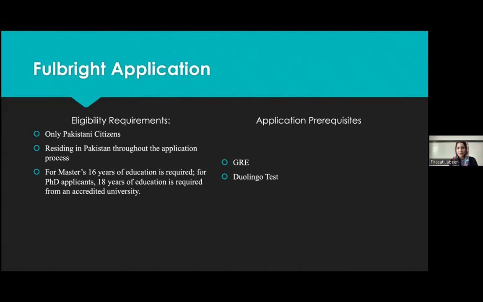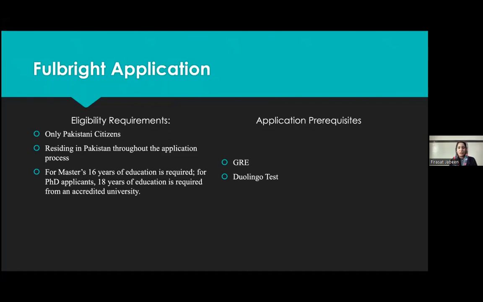Here, I would also like to add: can foreign degree holders apply? The answer is yes. Although Fulbright doesn't discourage foreign degree holders from applying, they give preference to those who have no foreign educational experience or exposure.